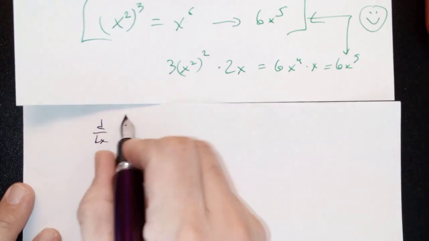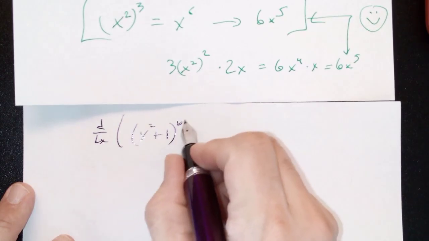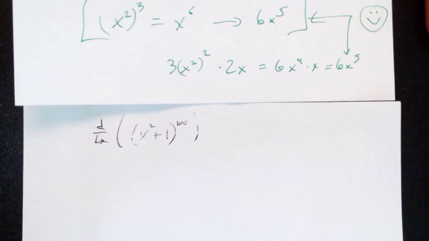Take the derivative of x squared plus 1 to the 100th power. Not just no, hell no, I'm not multiplying that out. You imagine expanding that binomial 100 power? No. Even with Pascal's triangle, that's going to suck. I don't want to do it.